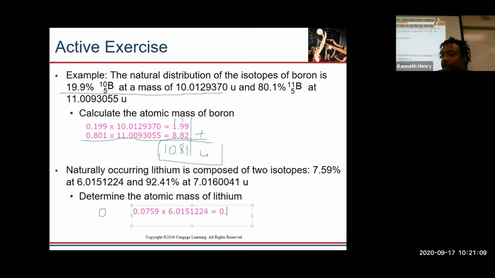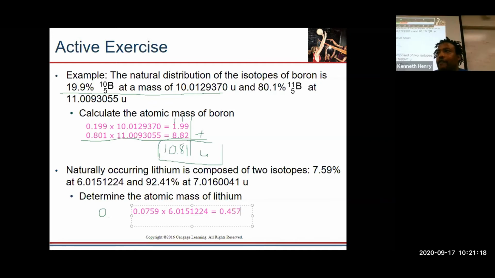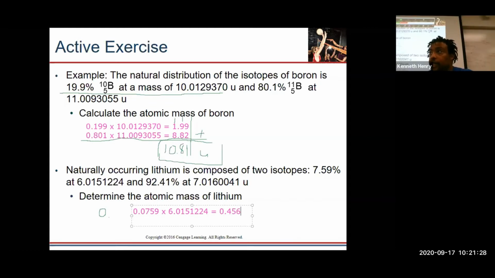Okay, so what did you guys get for your answer? 0.457, right? Because it's 4, 5, 6, and then there's a 5, 4, 7 afterwards.